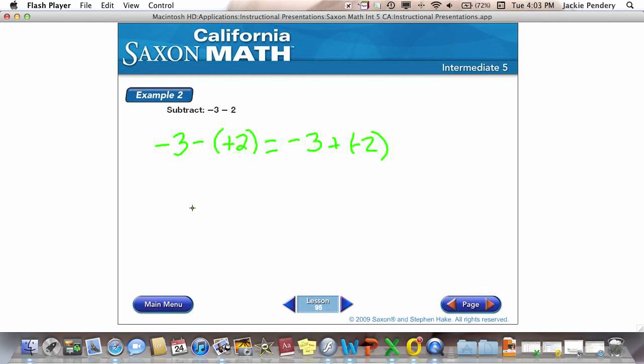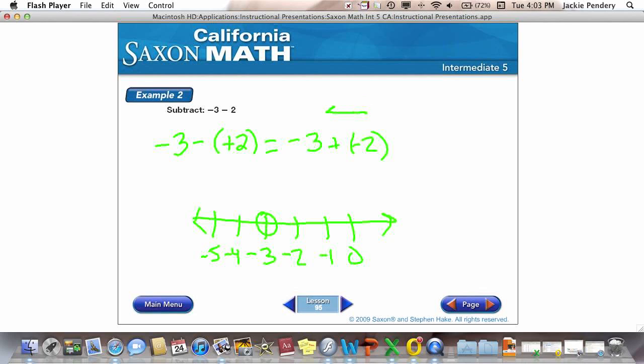So -3, let's draw that number line again. 0, -1, -2, -3, -4, -5. So we start at -3, and we're going to add -2, but because it is a negative, we're going to move to the left, moving twice, and we end up at -5.